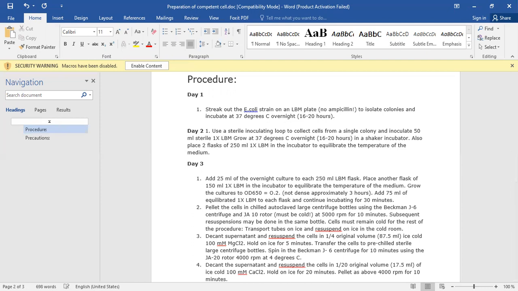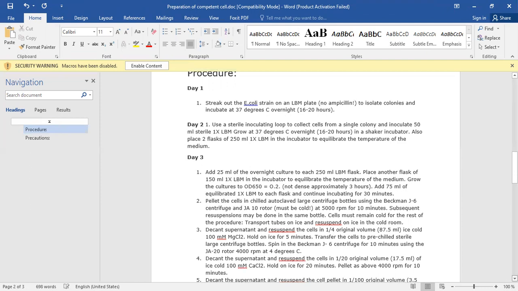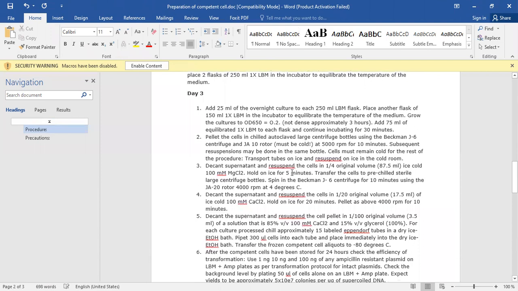When centrifugation has been completed, we decant the supernatant and resuspend the pellet cells in 1/4 original volume of ice cold 100 millimolar magnesium chloride.